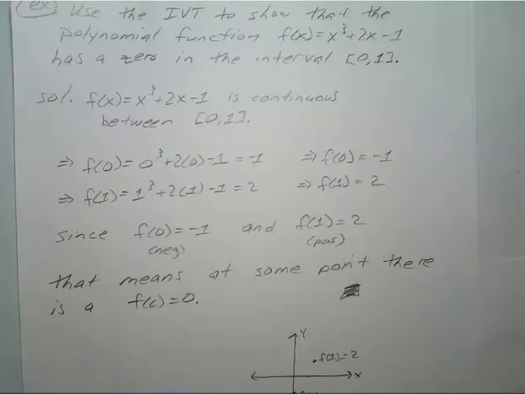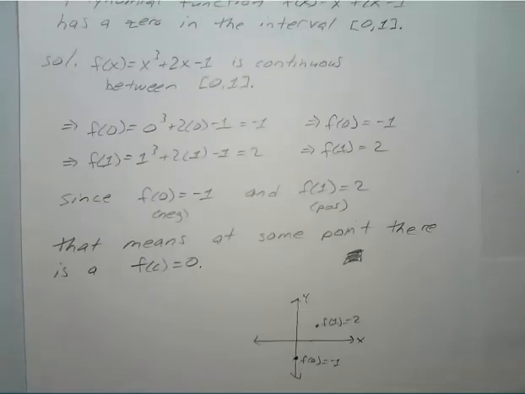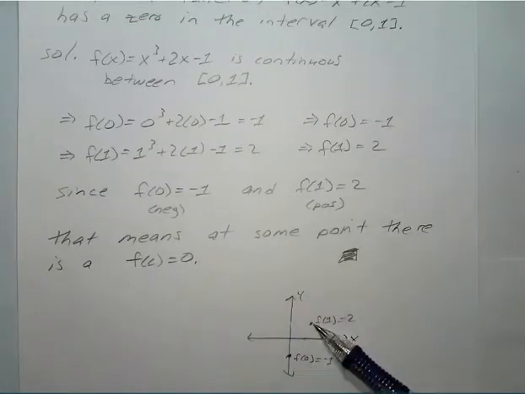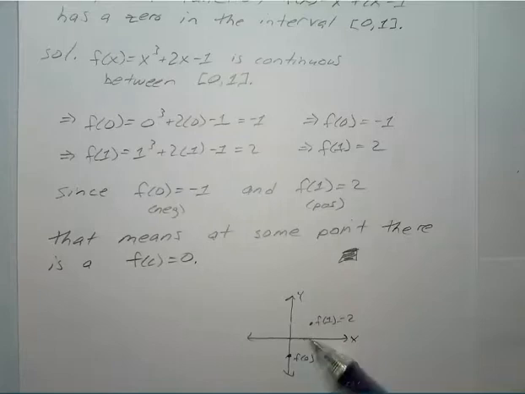Sorry about that, I don't know why I didn't bring it up a little further. Once again, because the screen was cut off, f of 0 is negative 1, f of 1 equals 2. To get from here to here, you have to cross y equals 0. If you are still writing, feel free to press pause. On the next example, we're actually going to figure out how to find that c value.